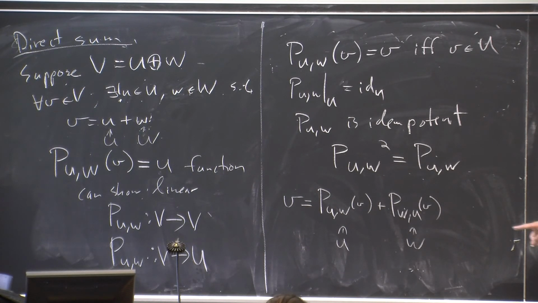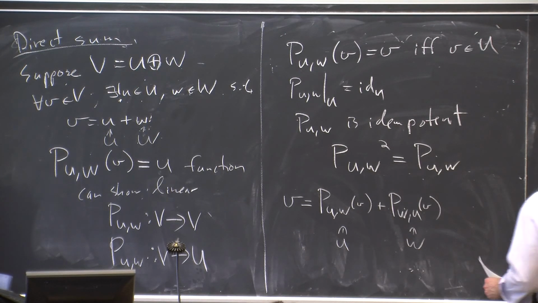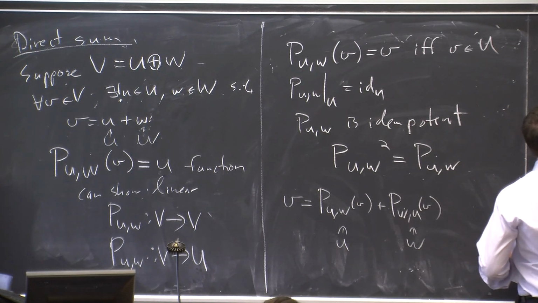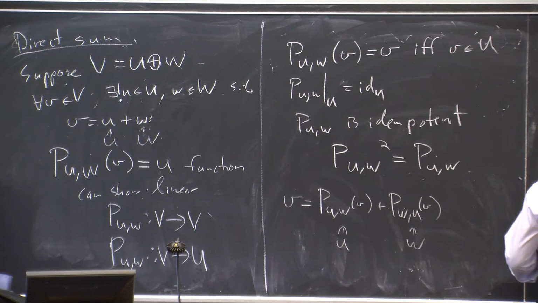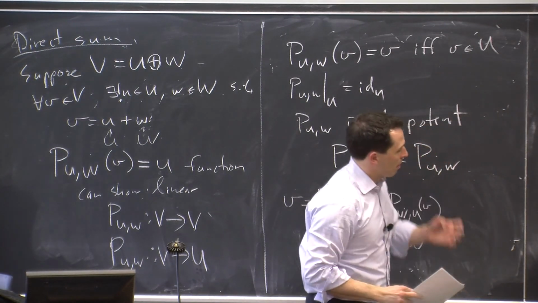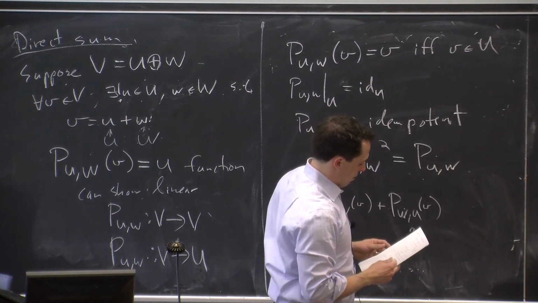So it's not surjective as a map from V to V, but as a map from V to U, it's surjective, because if I take anything in U, plug it in over here, I just get it back. So I can always write any element by just using it to begin with.